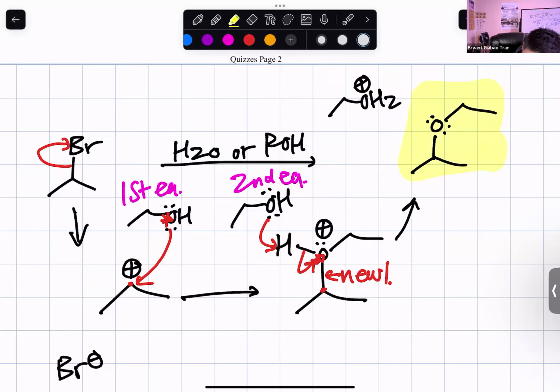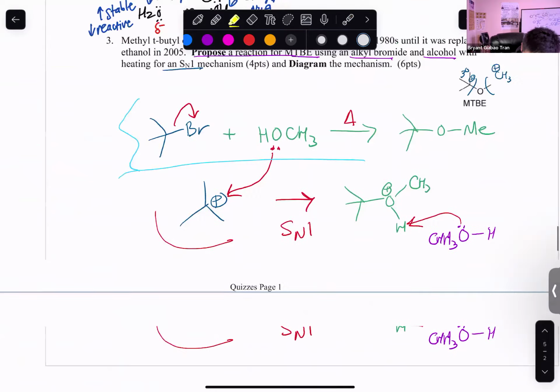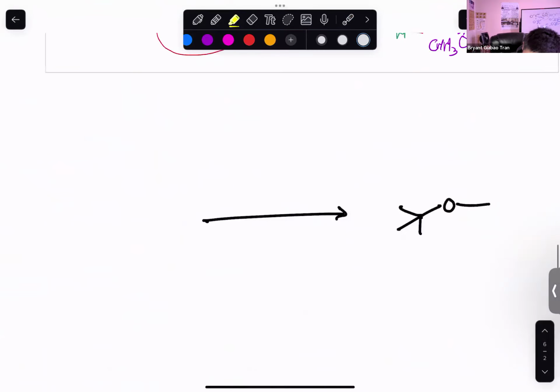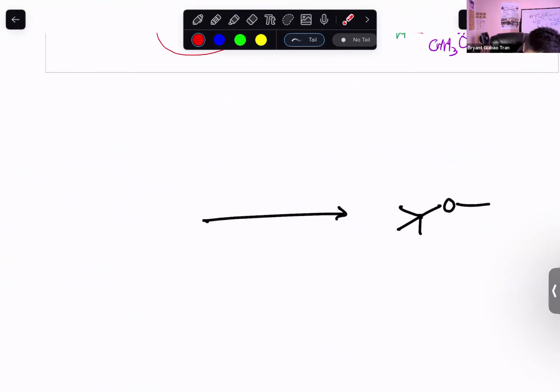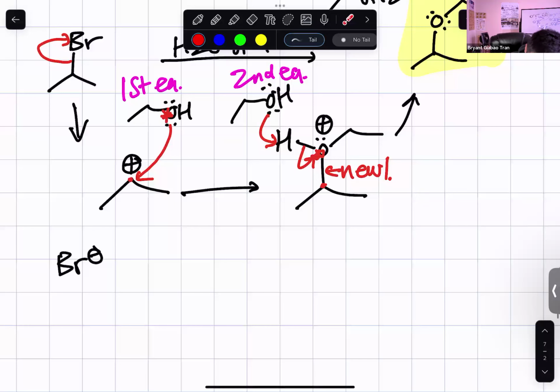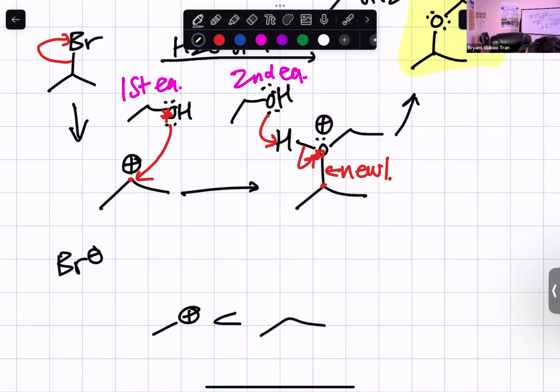Okay. So if we go back to this mechanism here, the question asked us to form this by SN1 from alkyl halide. So you notice how we formed a carbocation in the intermediate right here? The carbocation increases its stability as it's more substituted, as it has more friends, you could think of, right?